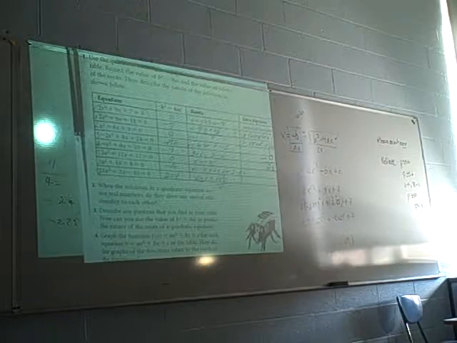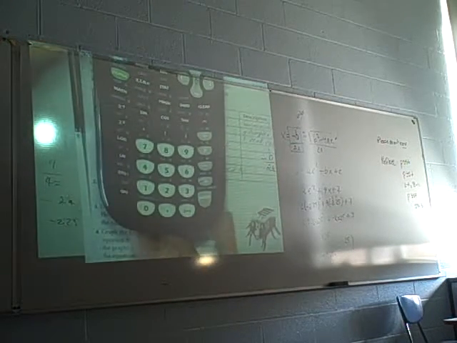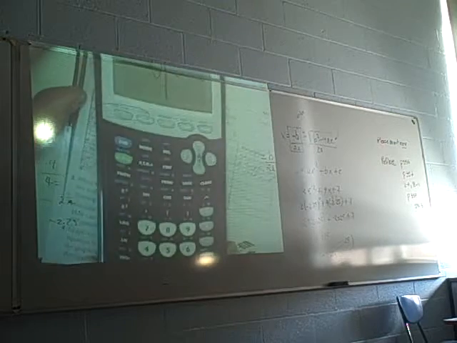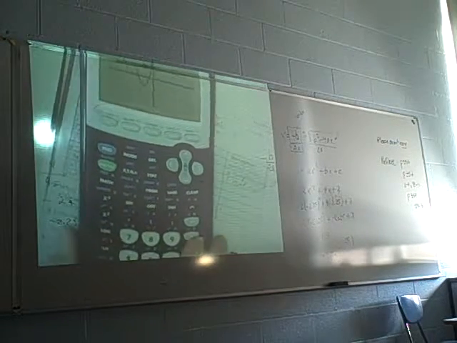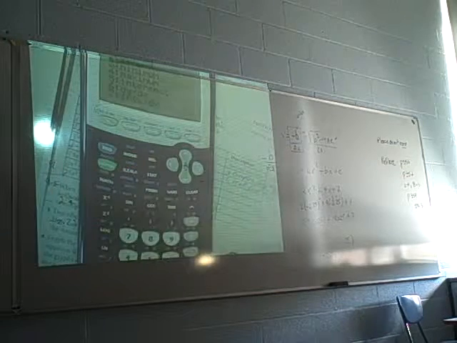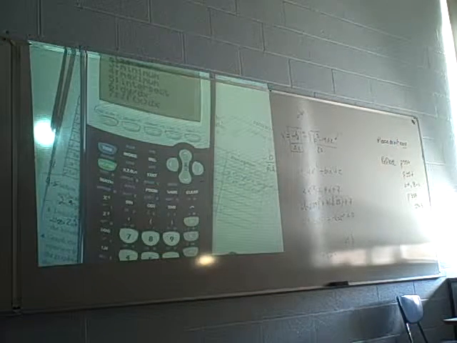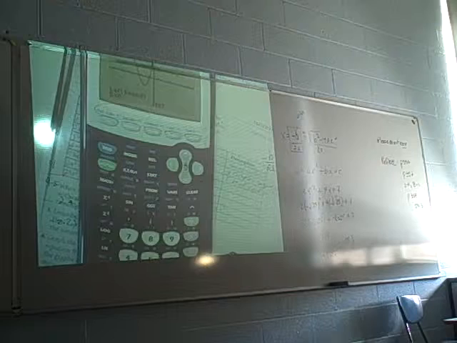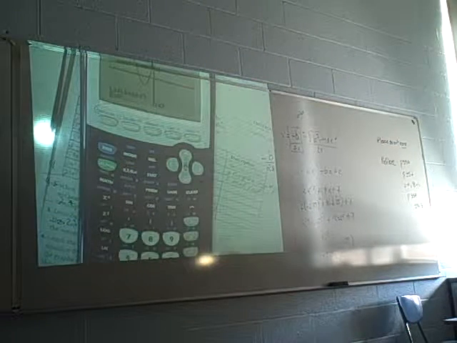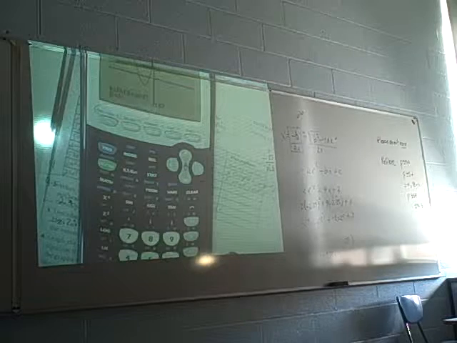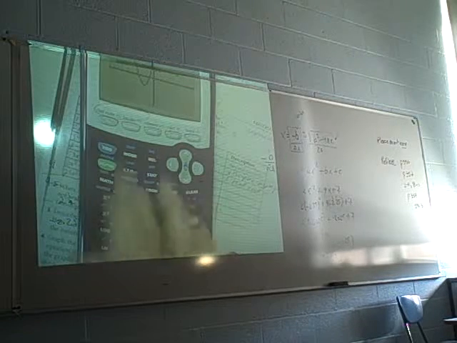So what am I looking for? What is this part called? Is that the minimum? Yes. Okay, so I'm going to go into second trace. I want the minimum. And where's my spider? I'm going to move it along. Negative 2.2499.